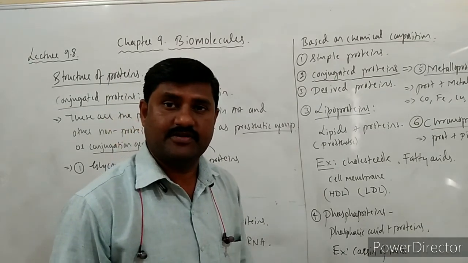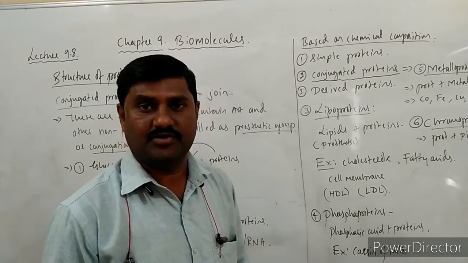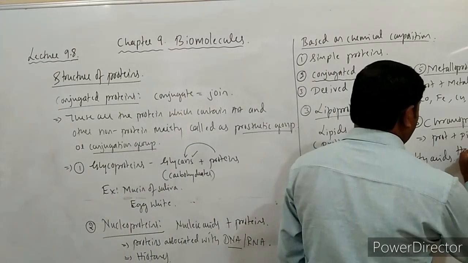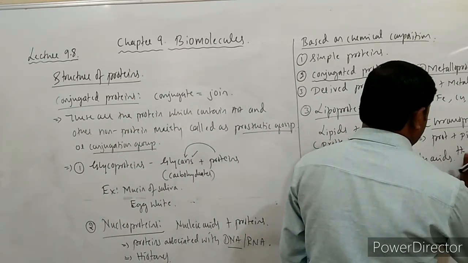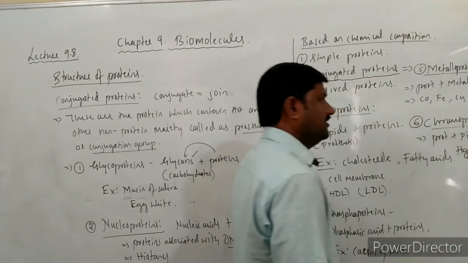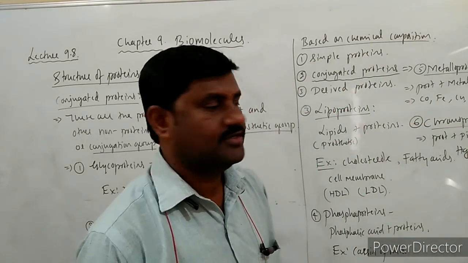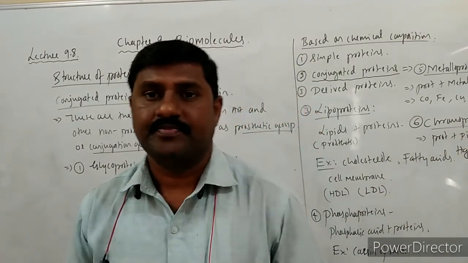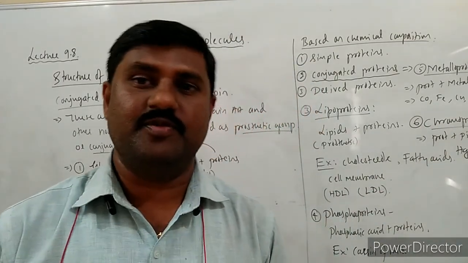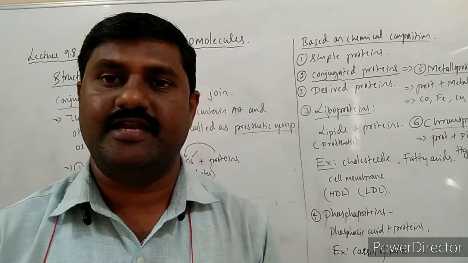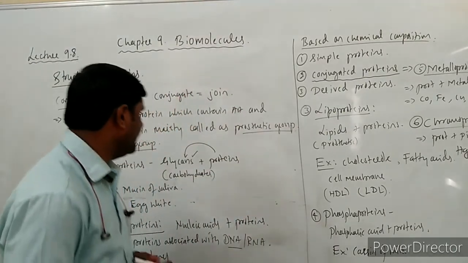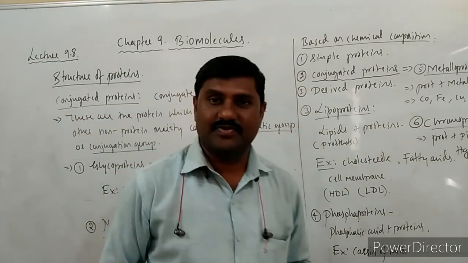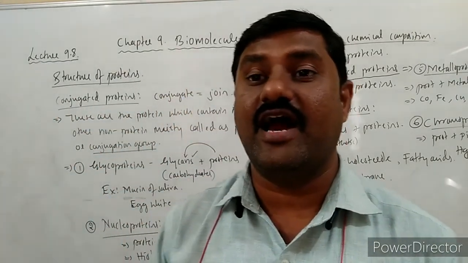The best examples are hemoglobin, Hb, and cytochromes. This way, proteins associated with a prosthetic group are conjugated proteins.